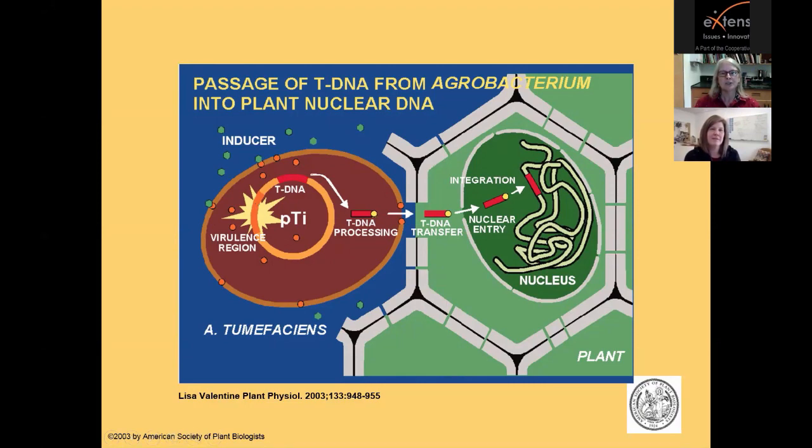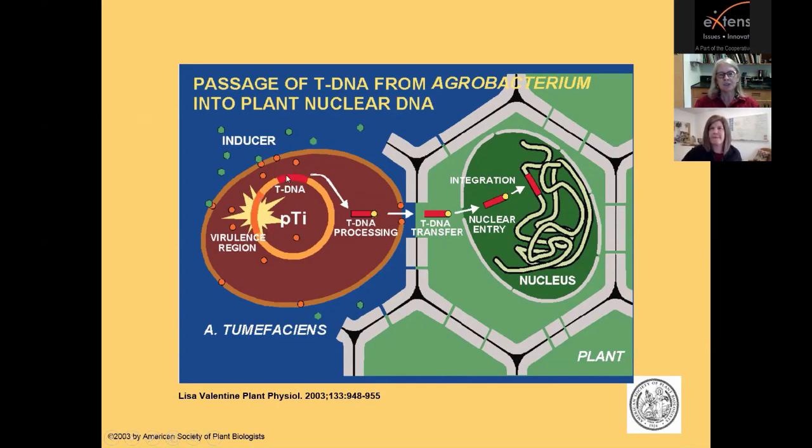This occurs when plants that have been wounded or otherwise injured produce phenolics and sugars in response to the wound. It's sort of a way to help heal the wound. These are called inducers. These inducers are these little green things, and they pass into the bacteria. They're detected by the bacteria, and they stimulate the genes involved in the virulence response.